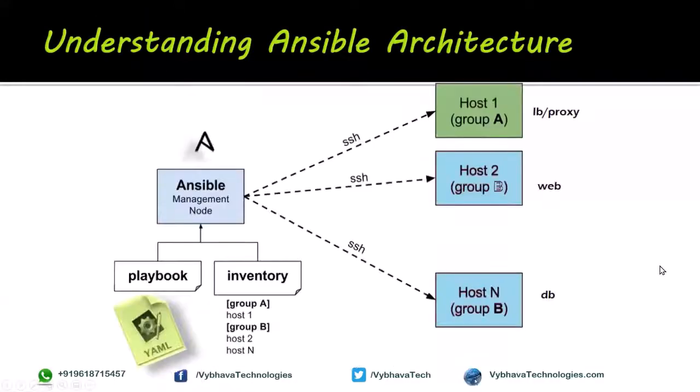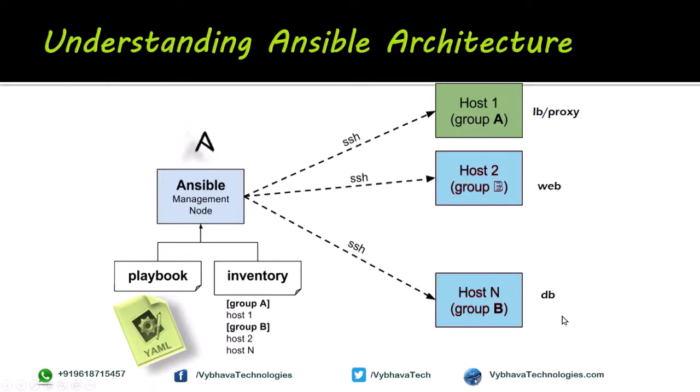So, understanding Ansible, how does it work? This is a high-level architecture which you can see. The Ansible controller or management node is going to work with the playbooks, and it is going to take the help of the inventory, where you are going to have the groups, and you can add a number of hosts there. A group may be web applications, applications, DB, or proxy servers, etc. You can communicate with those boxes, and they will be connected with the SSH protocol.